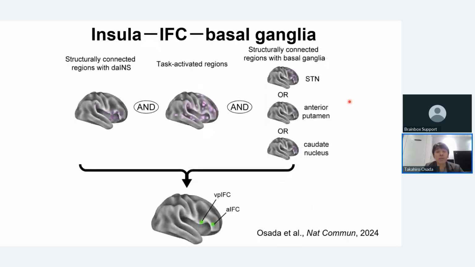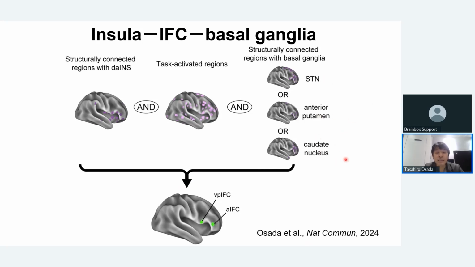We then explored the regions connected with DA-ins and basal ganglia. 3 criteria were set: structural connectivity with the DA-ins, task activation, and structural connectivity with any of the basal ganglia, STN, anterior epithelium, and caudate nucleus.